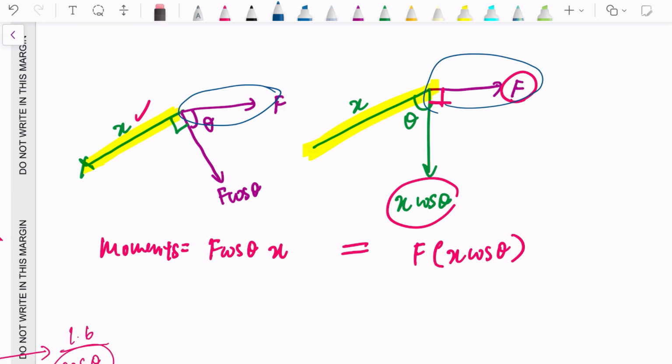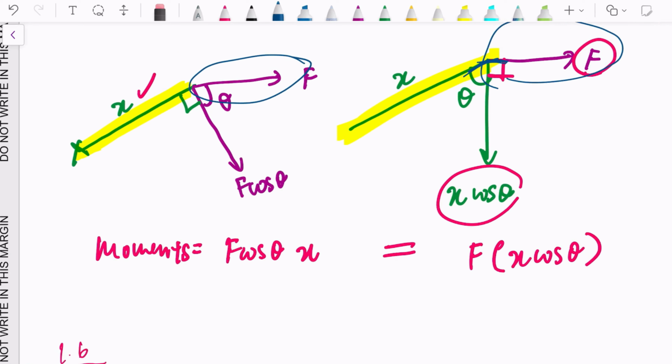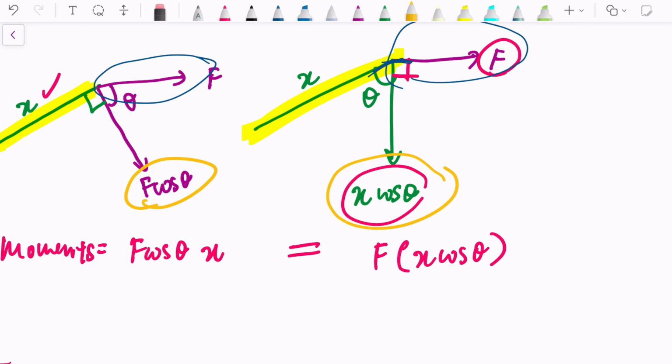Same goes to here, it's a bit slanted, it's not perpendicular to x. So when your force is not perpendicular to x, you have a choice to either resolve your force, like the first case, or resolve your length, like in the second case. You have a choice because your force is not perpendicular to the axis.